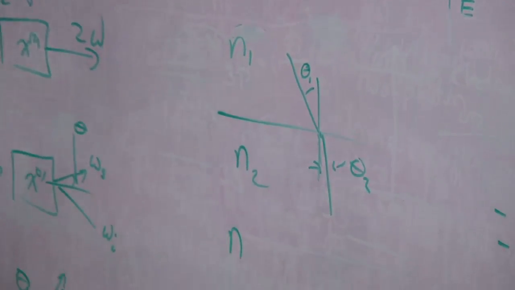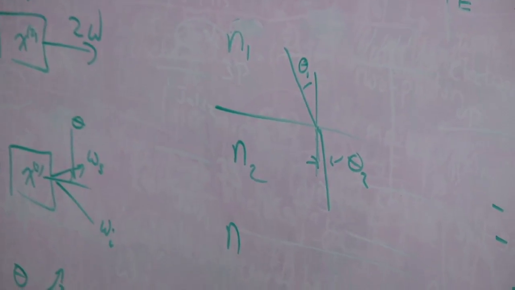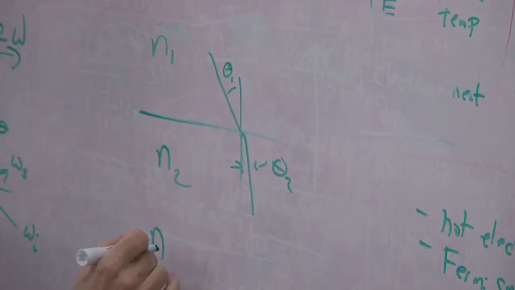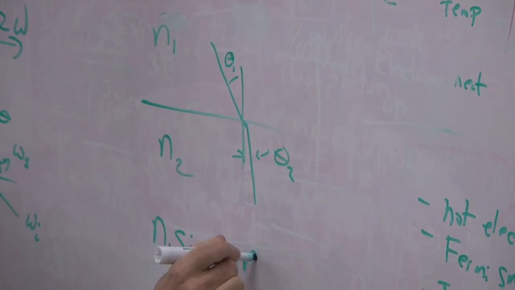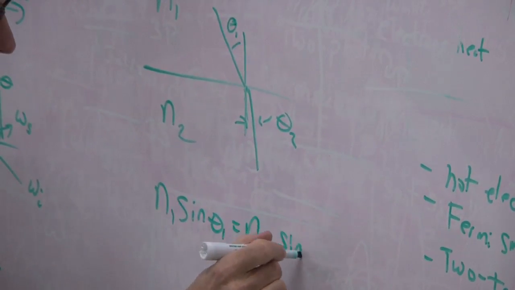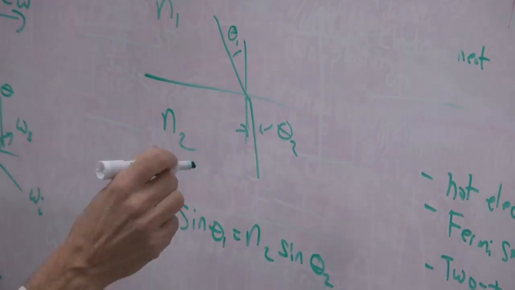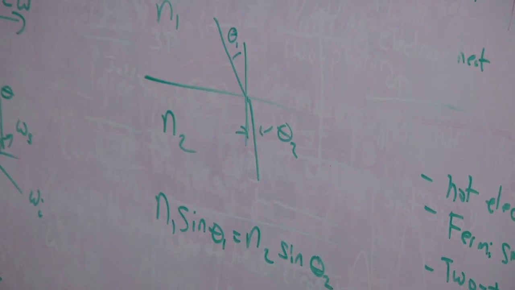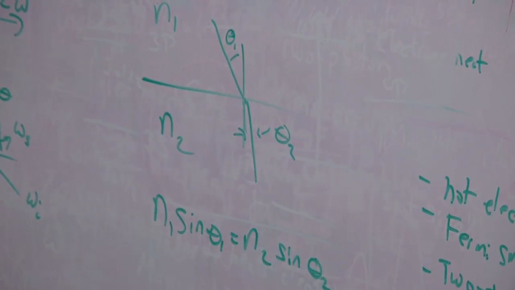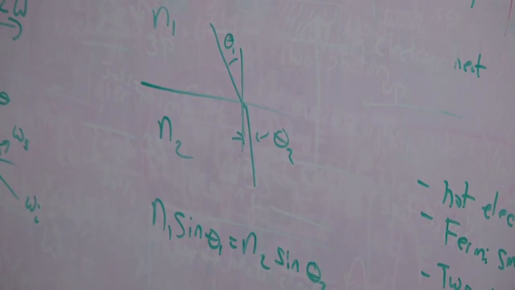I don't think I'm telling you something you don't know already: n1 sine theta 1 is equal to n2 sine theta 2. We should not lose sight that that's what you mean by the refractive index. That's why it's called the refractive index. So that's the first level of answer.